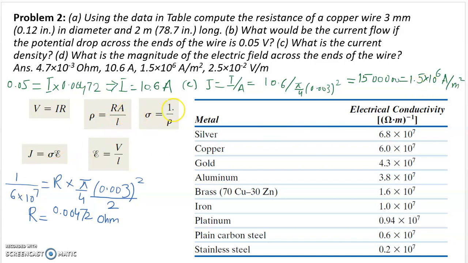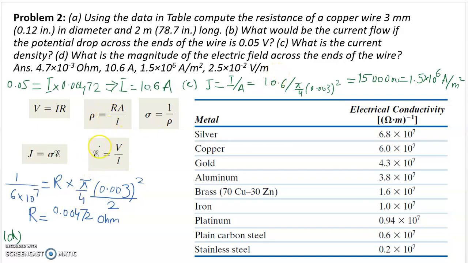On the other hand, part D is what is the magnitude of the electric field across the ends of the wire. The magnitude of the electric field across the ends of the wire is the voltage per meter length.